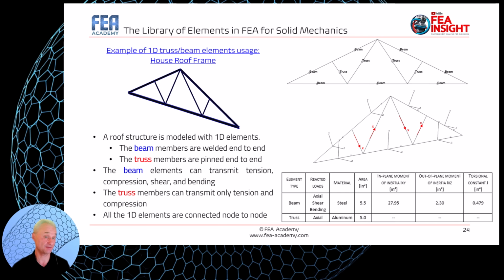So all the 1D elements are connected node to node. But just by changing the choice of element, you manage the degrees of freedom that are transmitted between the members.